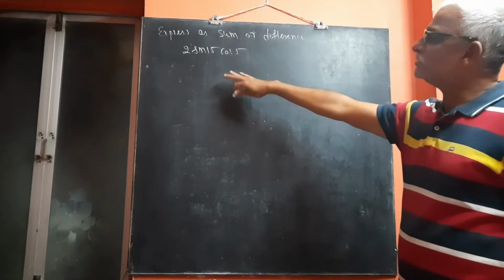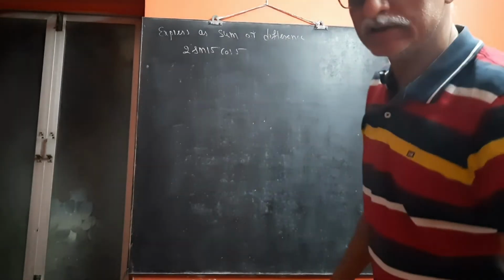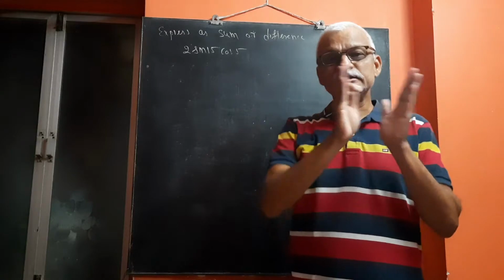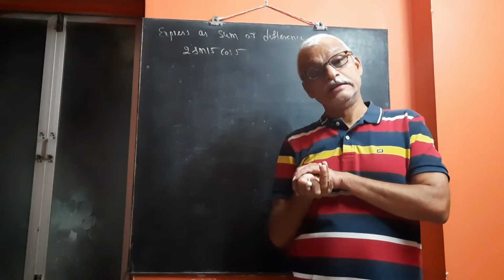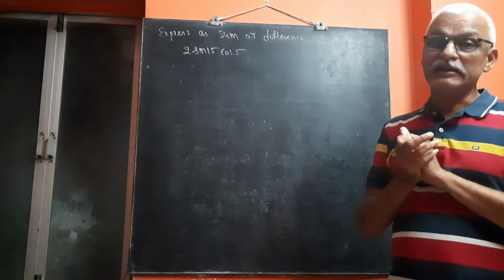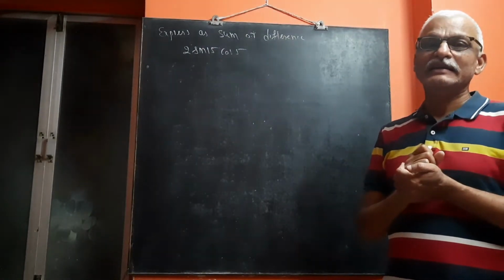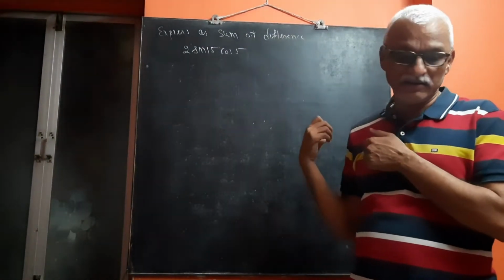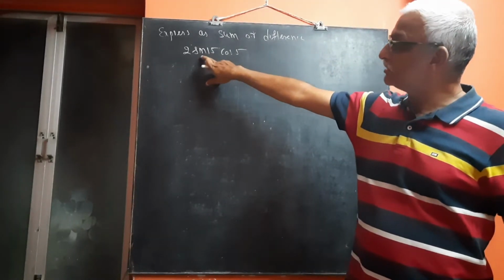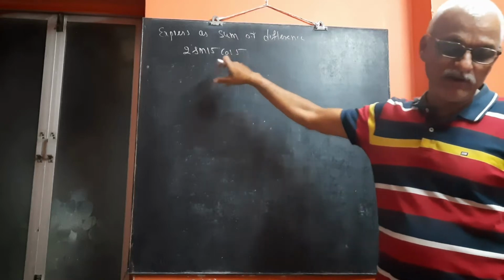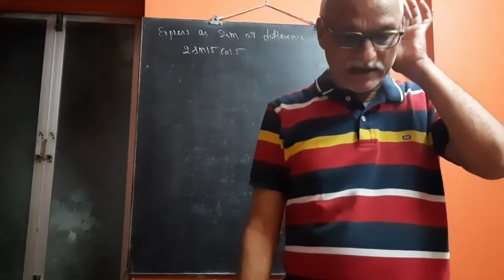Now, multiplication of sine and cos, if you remember the formulas like that, the addition of 2 sine is the multiplication of sine and cos. So the reverse of that, the multiplication of sine and cos, that will be the addition of 2 sine.